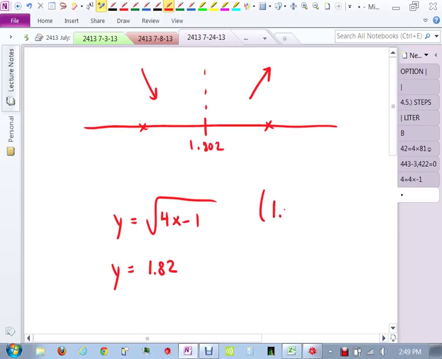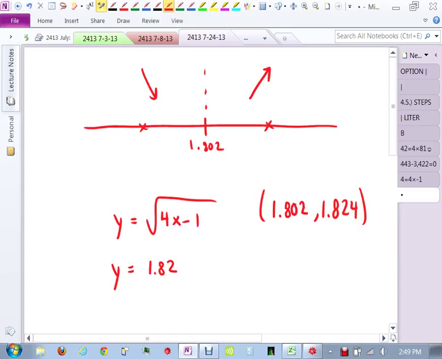So according to this, it looks like 1.082, 1.824 looks like the point. For the x-coordinate, was it 1.8? Oh, it was 1.802. Oops. 1.802. Let me double check that. I think I did the other calculation wrong then.